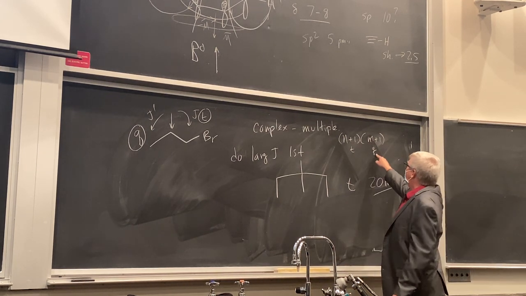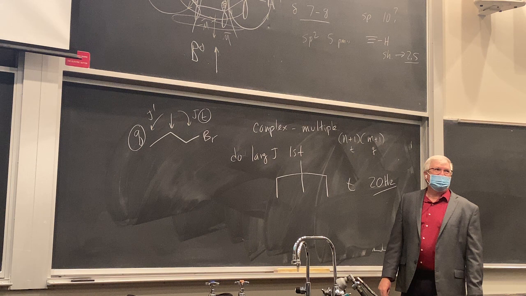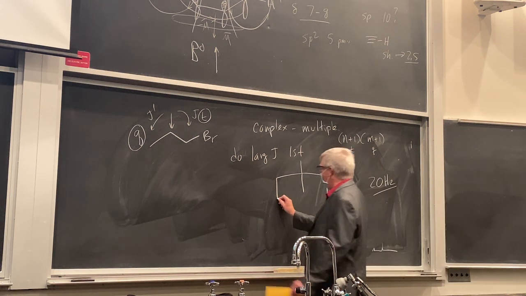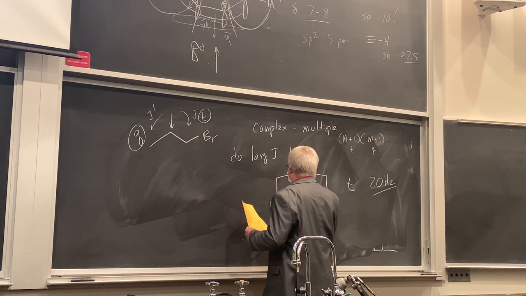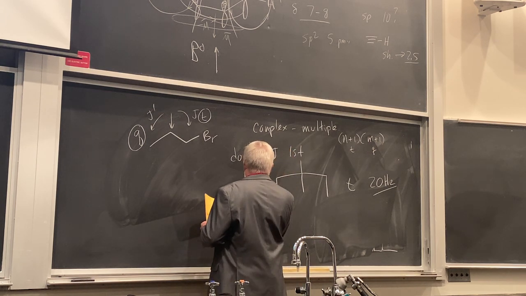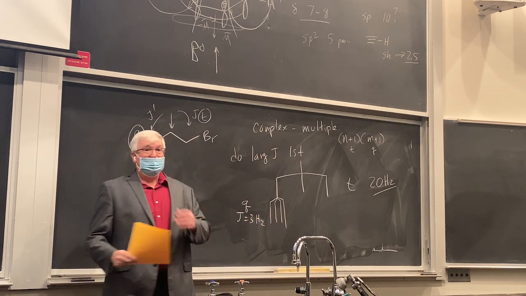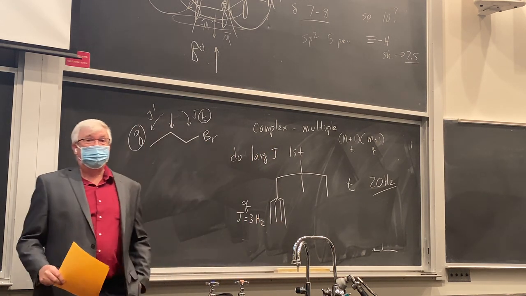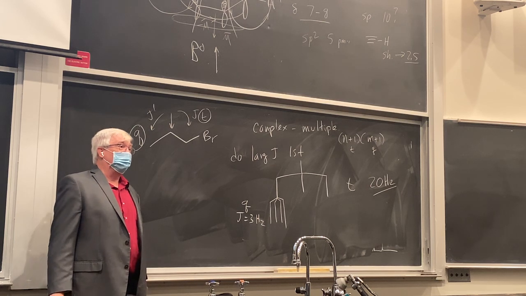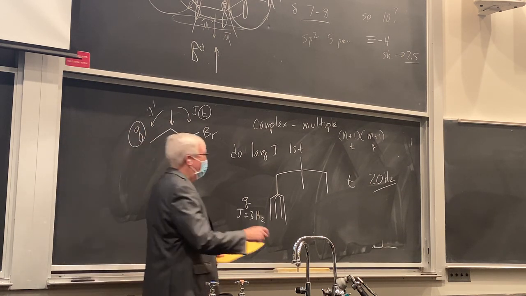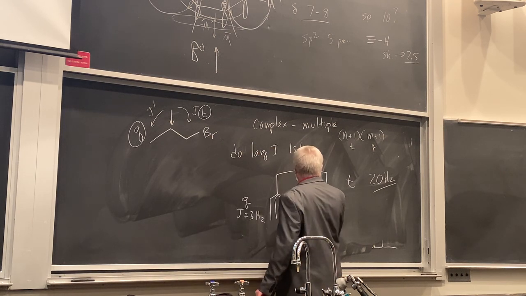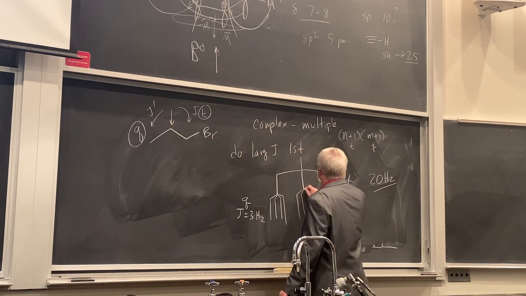And then what's the next one we've got to do? Oh, quartet. Ouch. So how many lines here? And these are going to be small. Let's say that the quartet here, the J is 3 hertz. And we see this sometimes. We're getting you ready for a harder example where we'll see these multiplets of multiplets, okay? And this lets you come at it a little easier, I think.